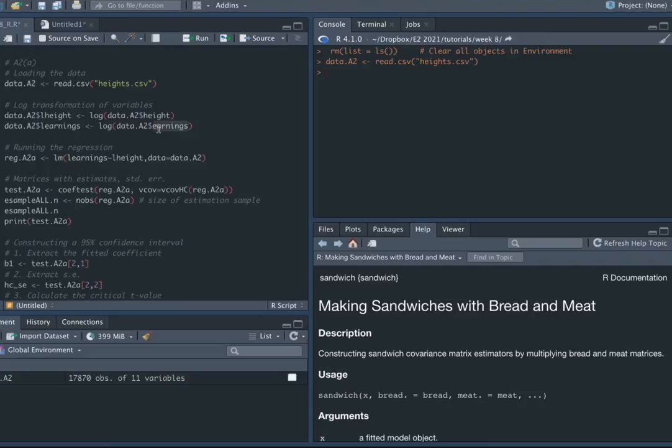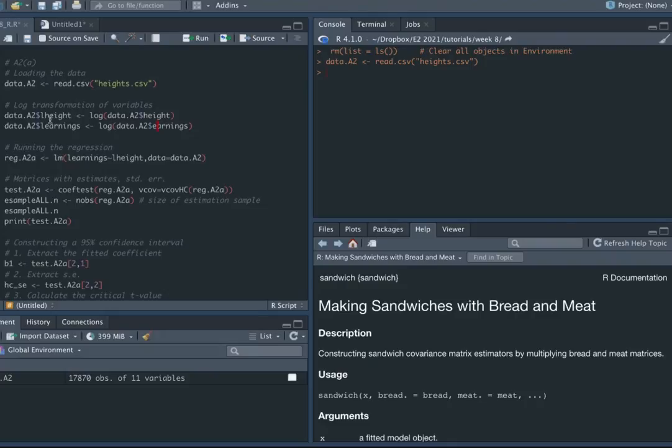Presumably, if it's American, it's dollars, but we don't know. By taking the log, we circumvent all these problems, and we get a nice interpretation in terms of an elasticity. So we see a percent difference in heights, and we see a percent difference in earnings.